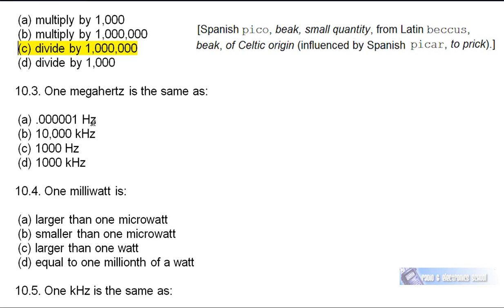There's not enough zeros there. 1 megahertz is the same as 1,000 kilohertz is the answer. Kilo is 1,000, so that's 1,000 thousands, which is a million. So 1 megahertz is the same as 1,000 kilohertz.